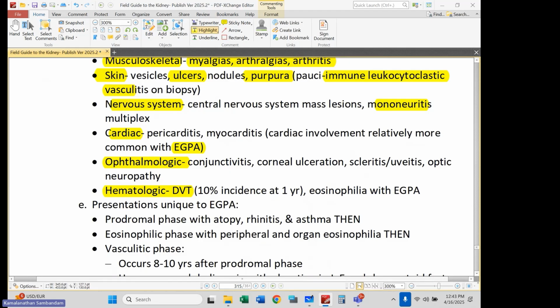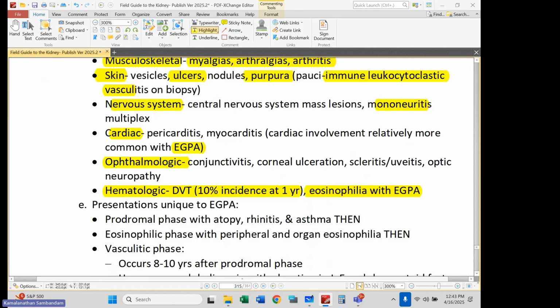Commonly, these patients have DVTs, interestingly. So, we don't have routine practice of anticoagulation, but it is a known feature of the ANCA-associated vasculitides. And then the eosinophilia is characteristic of EGPA.